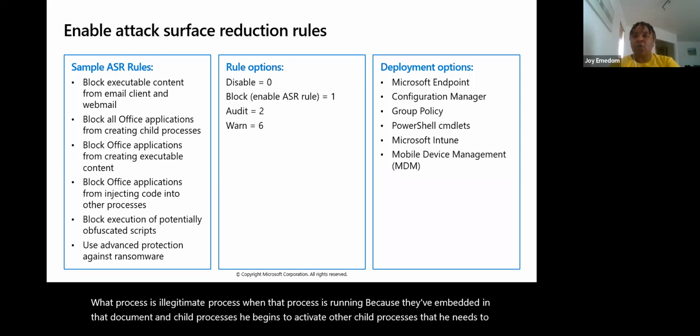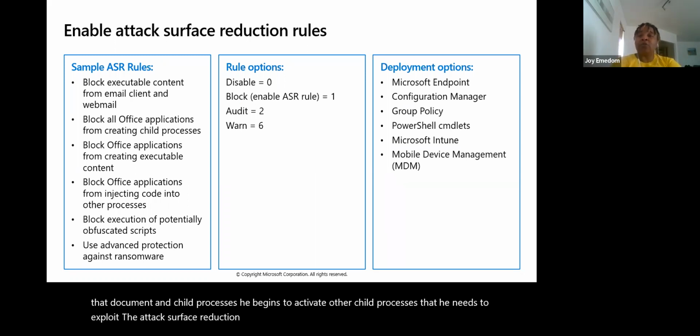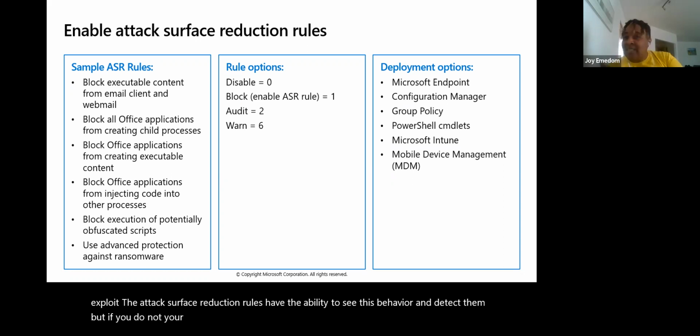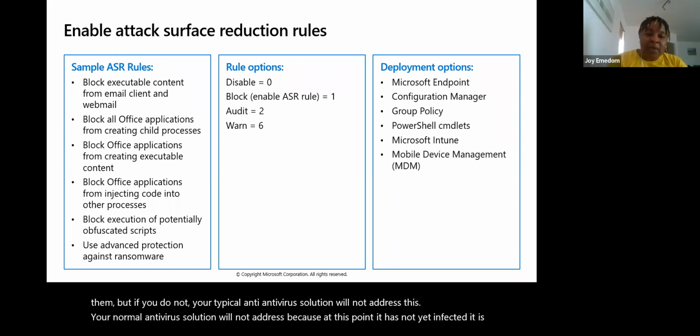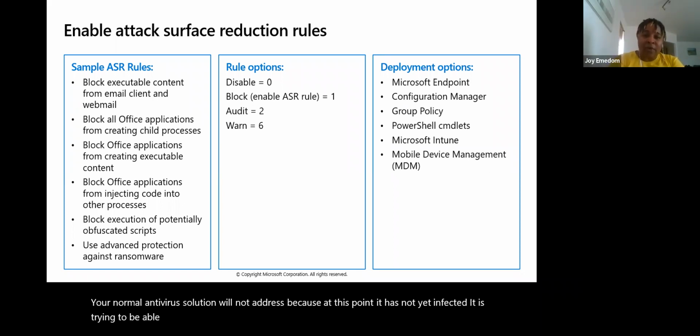The attack surface reduction rules have the ability to see this behavior and detect it. But if you do not have them, your typical antivirus solution will not address this, because at this point it has not yet infected. It is trying to run itself, so typically your antivirus will not detect this.